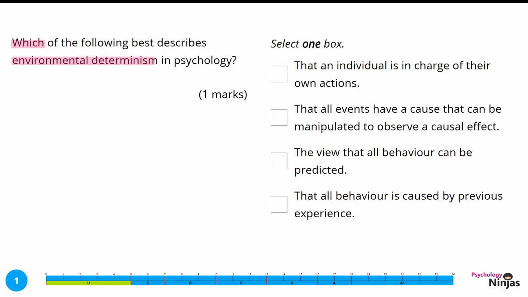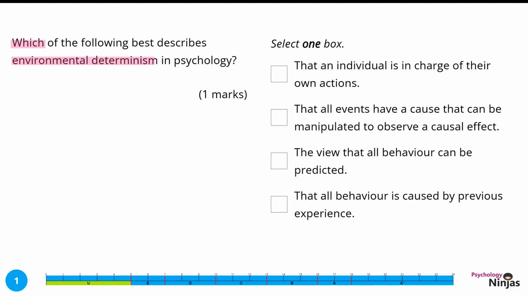So we're looking for the correct definition for this term. We've got a number of different options here. Firstly, that an individual is in charge of their own actions, that all events have a cause that can be manipulated to observe a causal effect, the view that all behaviour can be predicted, that all behaviour is caused by previous experience. Individuals being in charge of their own actions is free will rather than determinism, so that's the opposite side of this debate.